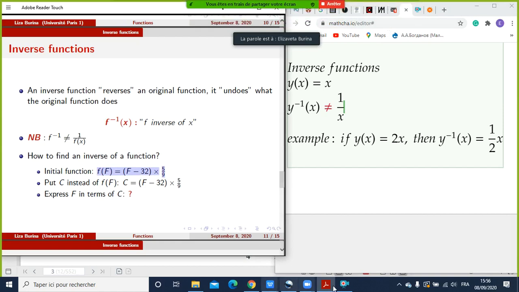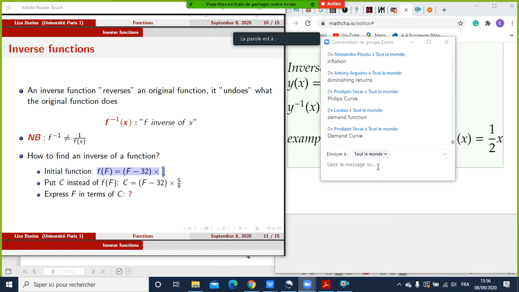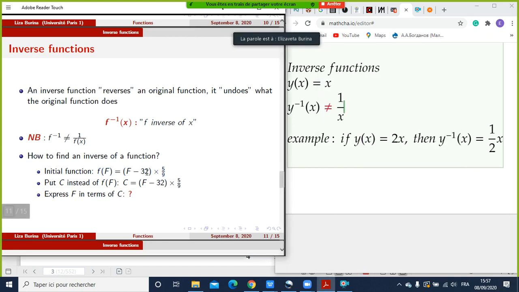Type me in the conversation. Yeah, it's Fahrenheit to Celsius. So for those of you who are used to the US scale of Fahrenheit, here you'll have to convert it again and again and again. So that's the formula. Okay, nice.